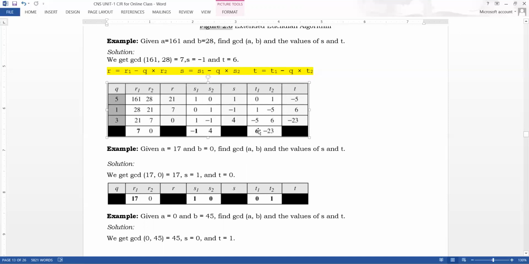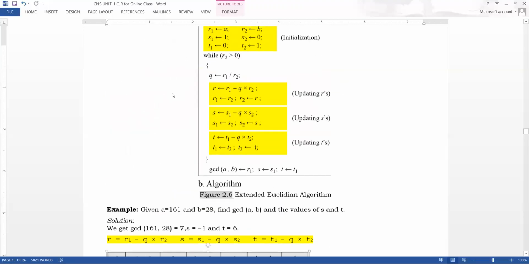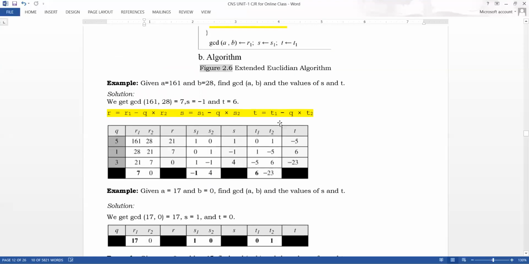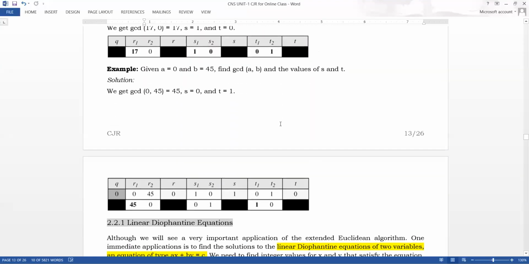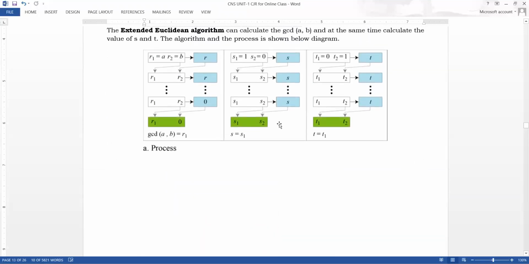So apply this S value -1 and T value 6 into this formula so that it satisfies the condition. This is the formula where you apply S and T values along with A and B, and that should be equal to the GCD of A comma B. So this is about the extended Euclidean algorithm, and then an example.